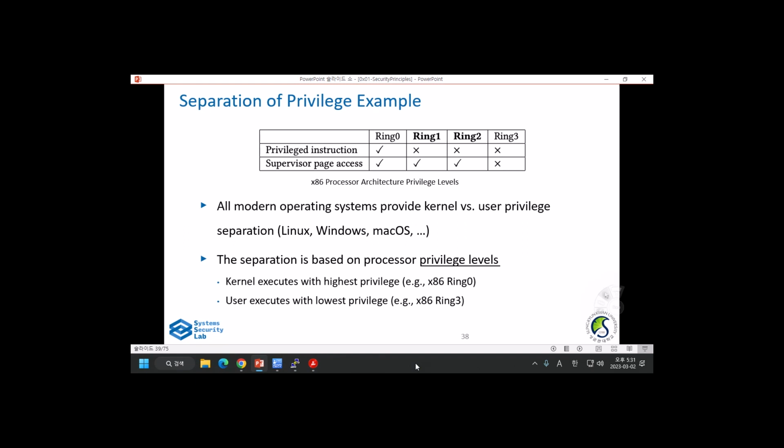But you cannot access kernel memory because the CPU distinguishes user pages and supervisor pages. And if you try to access a supervisor page from user, the program crashes. So the separation is based on the processor privilege levels. So we can see that computing systems, starting from the CPU, have separation of power.